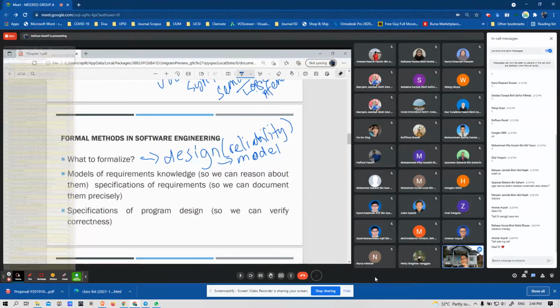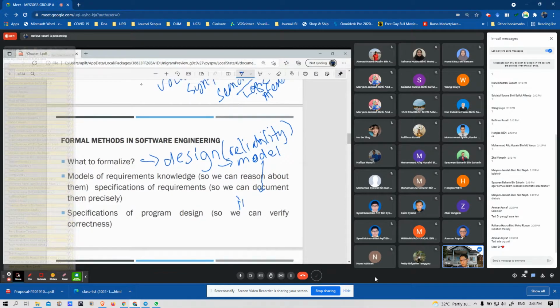So from that we can reason about the model that we built or created, and the specification of requirements, so that we can document them precisely. After we model, we can infer and also document.